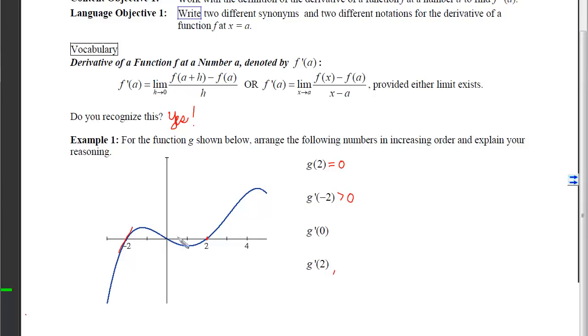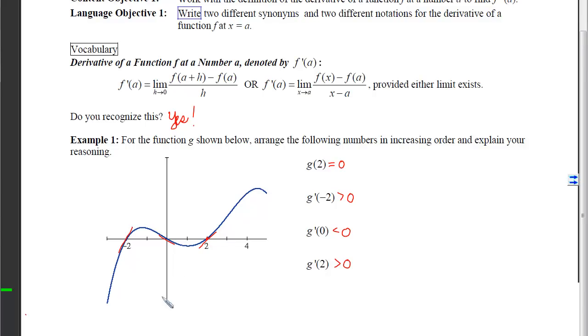We can see g prime of 0 is the slope here, which looks like it would be a negative number. And we can see that g prime of 2 is the tangent slope here at 2, which is positive.